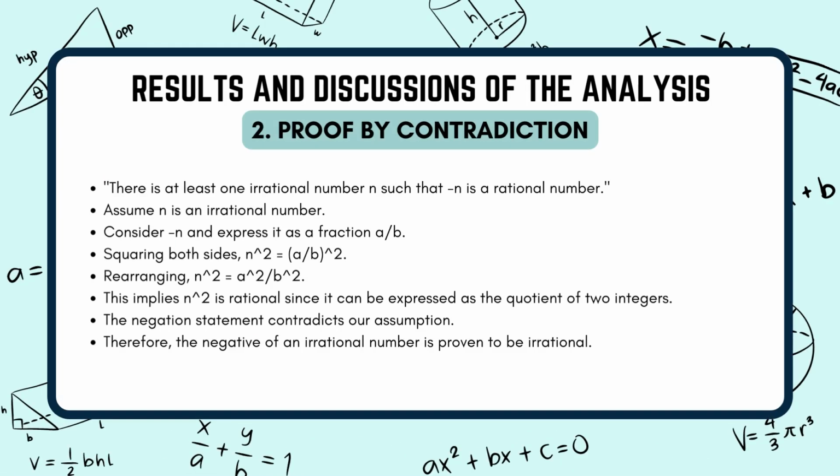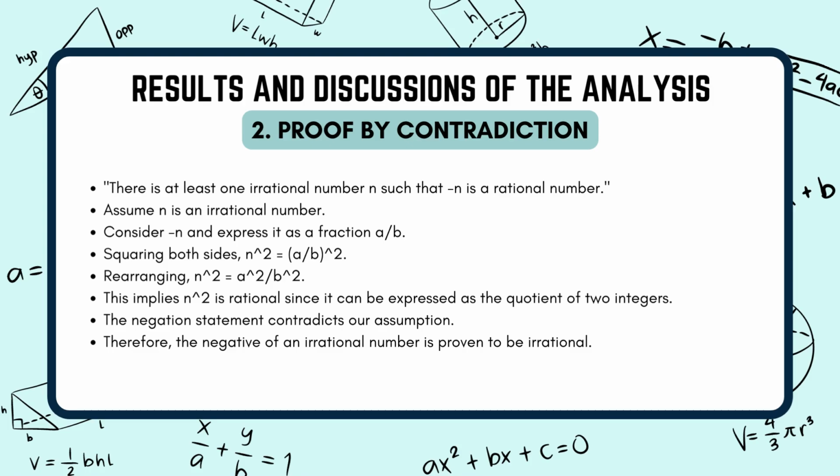For results and discussions of the analysis, we have proof by contradiction. There is at least one irrational number n such that negative n is a rational number. Assume n is an irrational number. Consider negative n and express it as a fraction a over b, squaring both sides. n power of 2 equals a over b power of 2.